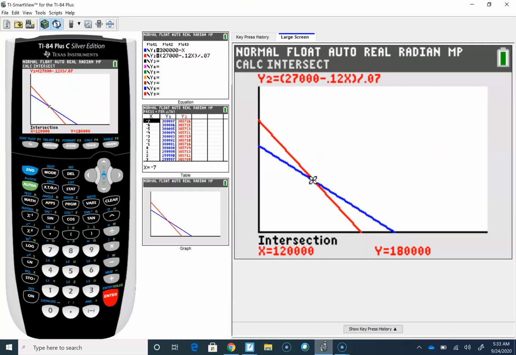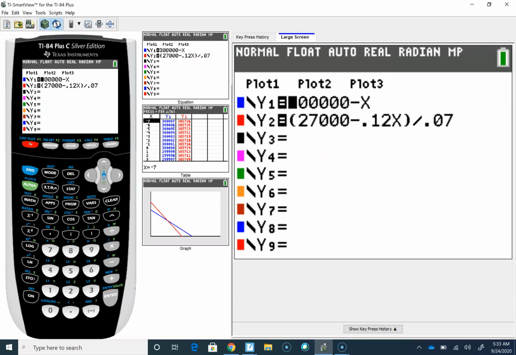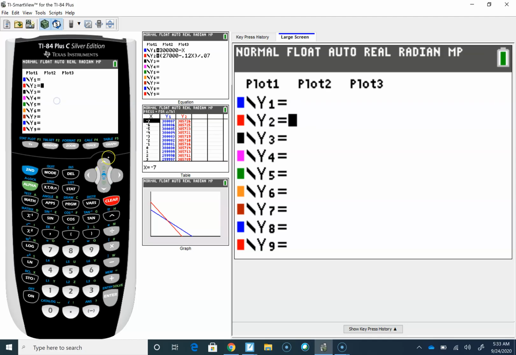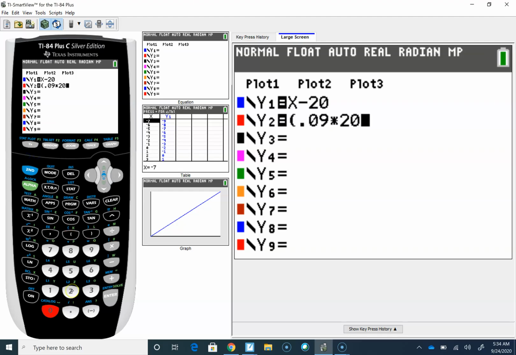So I'm going to go to my graphing calculator again. I'm going to go into my y equal. Again, don't take any shortcuts. You want to do this because you want to be very fluent and quick on your calculator. So I've got the x minus 20. And then on this one, be careful that you put your parentheses in there. So I've got my 0.09 times 20 minus my 0.12x parenthesis divided by my 0.08.